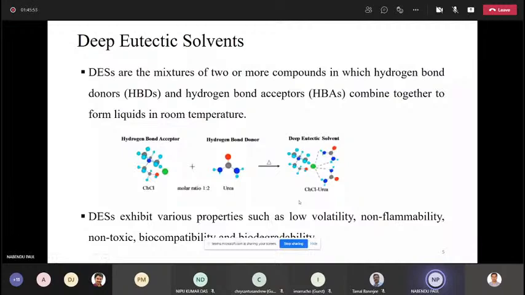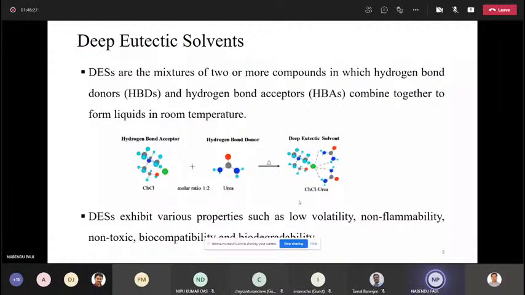Eutectic solvents have various properties, among them low volatility, non-flammability, non-toxicity, biocompatibility, and biodegradability. Due to all those properties, they are extensively used in various applications and fields. But as my focus is in the area of wastewater treatment, the treatment of micropollutants or pharmaceuticals from water with the help of eutectic solvents.